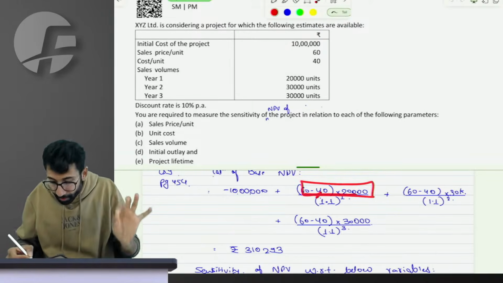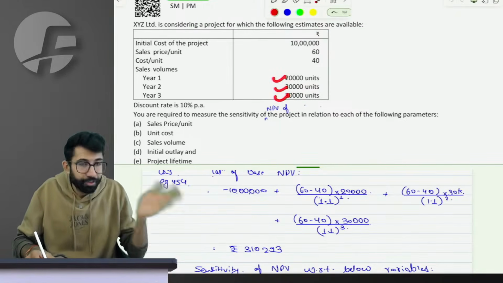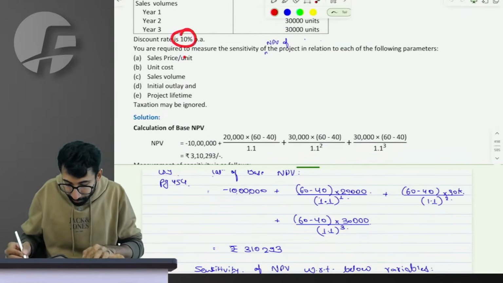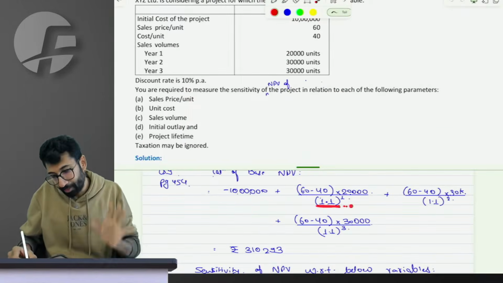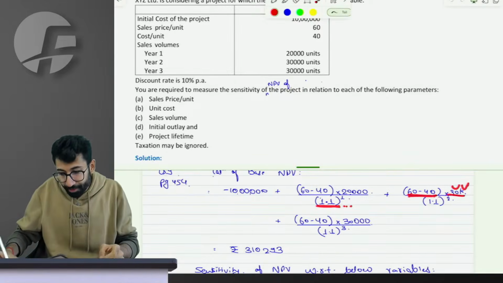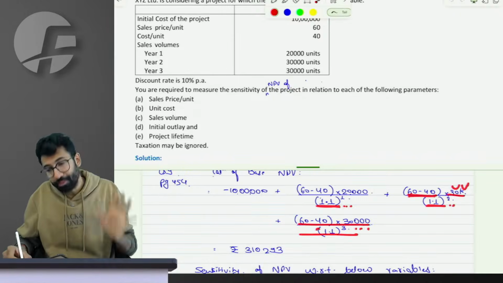Fine. Sir, if I have different units for different years, which means I will have different cash flows of every year. So let me discount them manually at the rate of 10%. The discounting rate is divided by 1.1 to the power 1. Next year, 60 minus 40 multiplied by 30,000 units divided by 1.1 to the power 2. Third year again to the power 3.